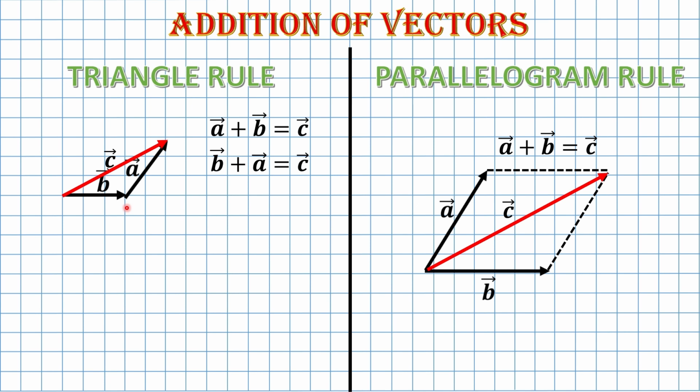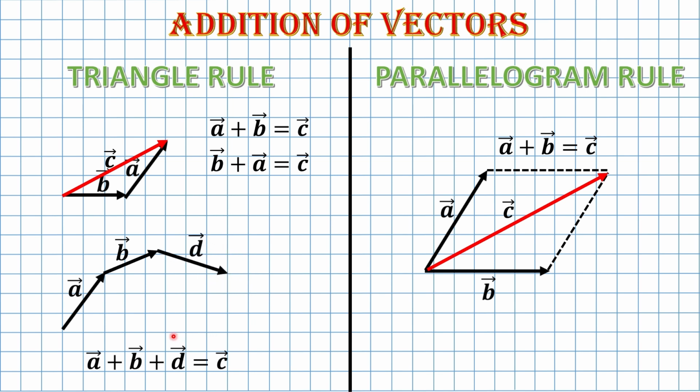So for example, we have 3 vectors, A, B, and D, and we want to find the addition of these 3 vectors. So all we need to do is to connect the ending point of one vector to the beginning point of another vector, like this, and then we will connect the end point of this vector to the beginning of this vector, like this.